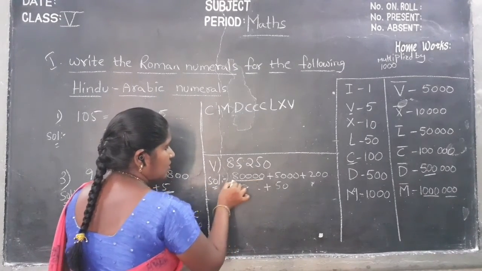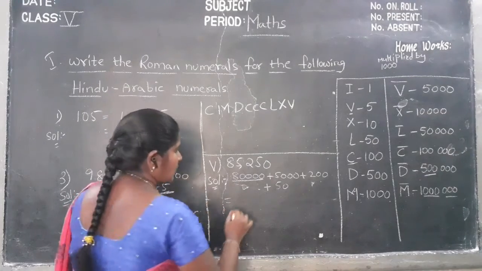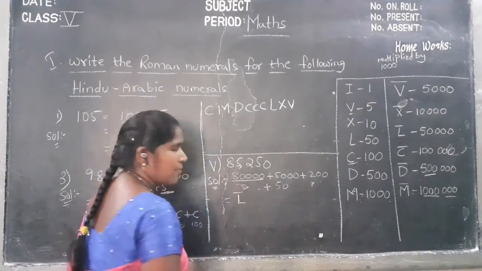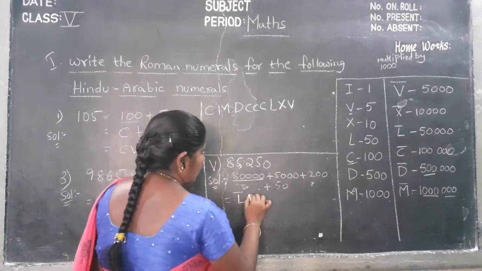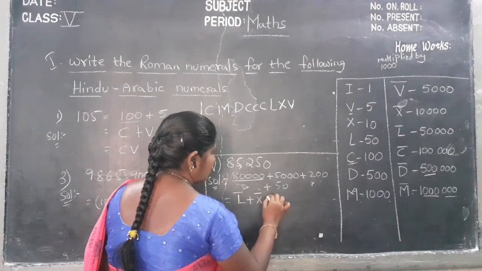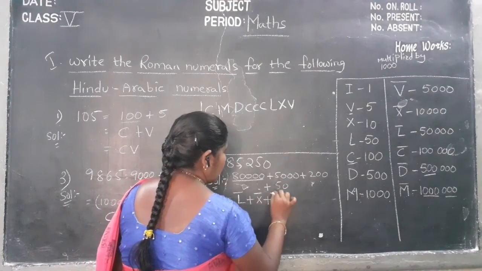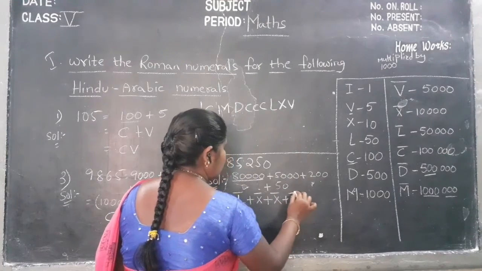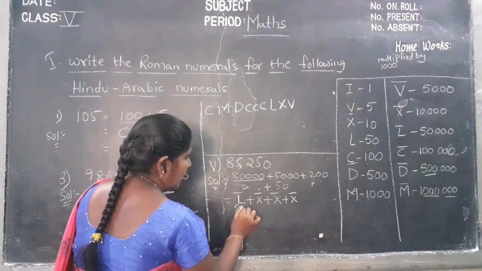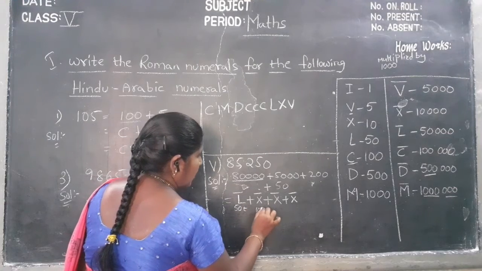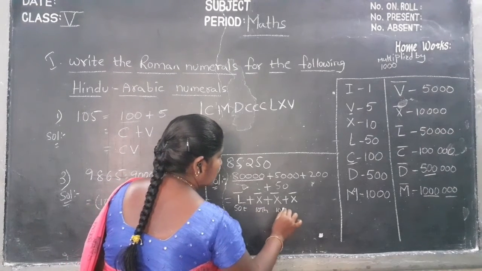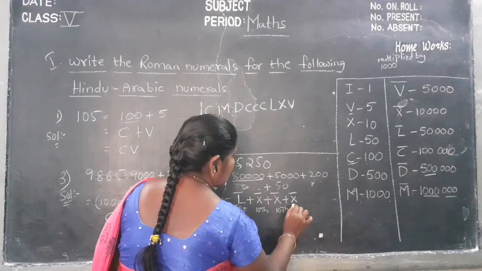How to write 80,000? L bar means 50,000, plus X bar means 10,000, plus X bar 10,000, and again X bar 10,000.